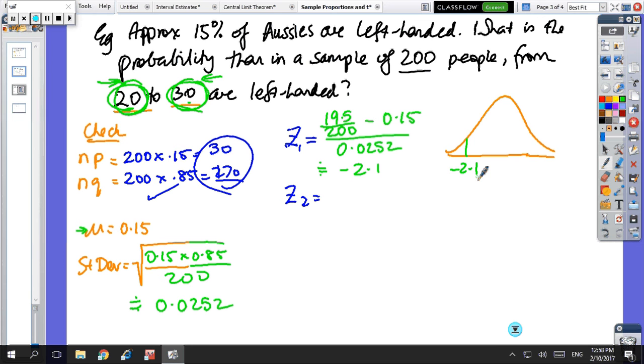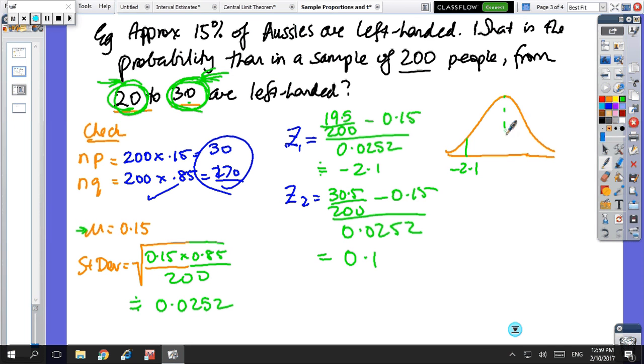Now for the second z-score, we want to take 30, but we've got to take it with us, so we're going to take 30.5 over 200 minus 0.15 over 0.252, and according to my calculator, that's about 0.1. Okay, so there's 0, and there's 0.1. I'm not drawing it to scale. And so what we're trying to find is the area between those numbers. So what we do is we find the area behind minus 2.1, find the area behind 0.1 using our table of values.